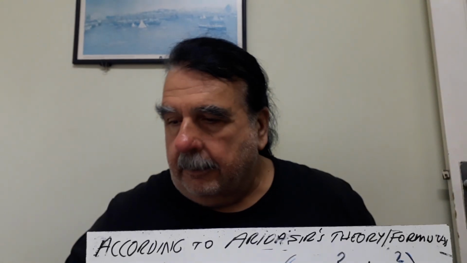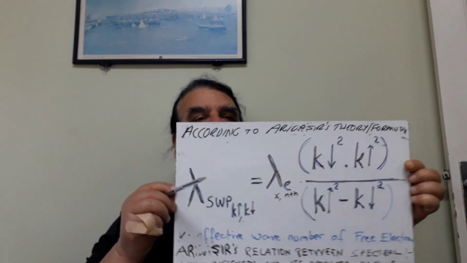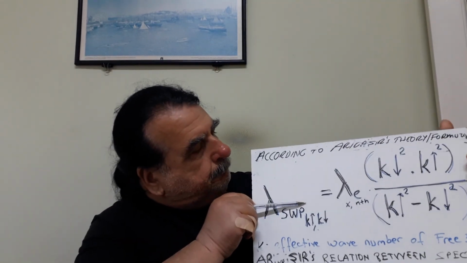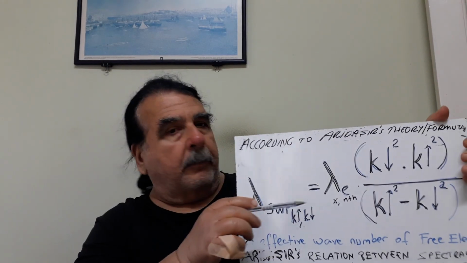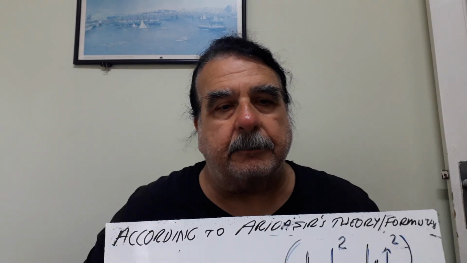This is the 423rd part of the explanation of my theory. Here, I hope you see my new formula for the relation between spectral line wavelength and atom-bound electron wavelength.